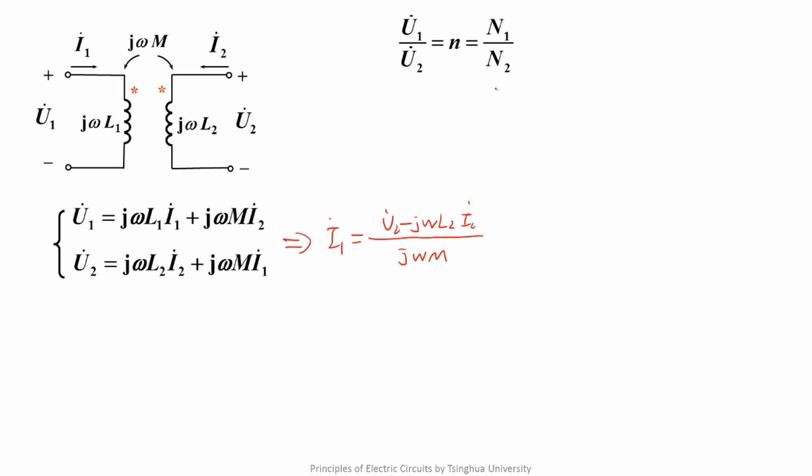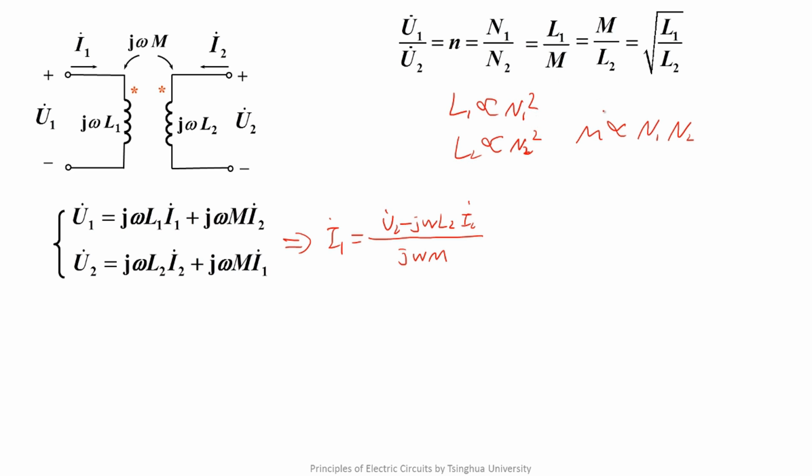Similarly, because L1 is proportional to the square of N1, L2 is proportional to the square of N2, and M is proportional to N1 times N2. So the turns ratio is equal to N1 over N2, or L1 over M, also M over L2, and the square root of L1 over L2.